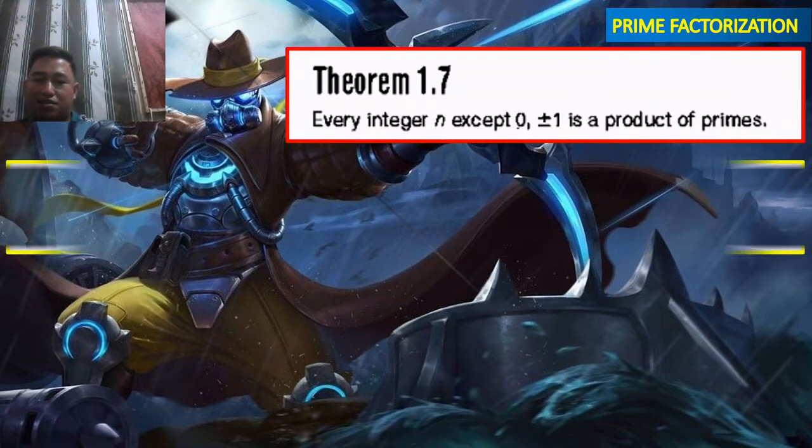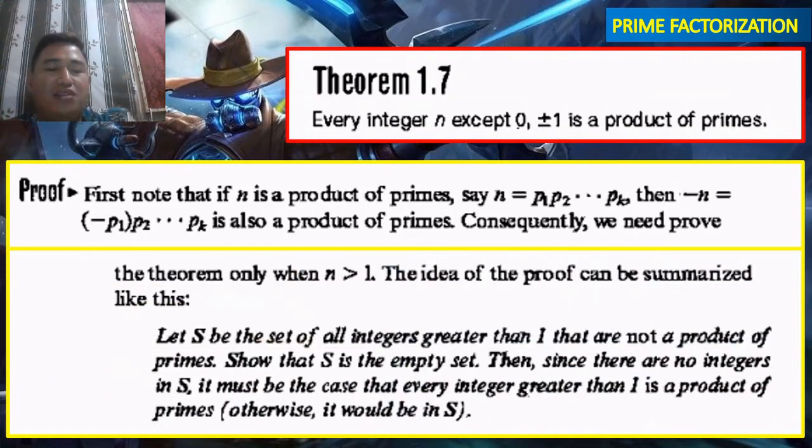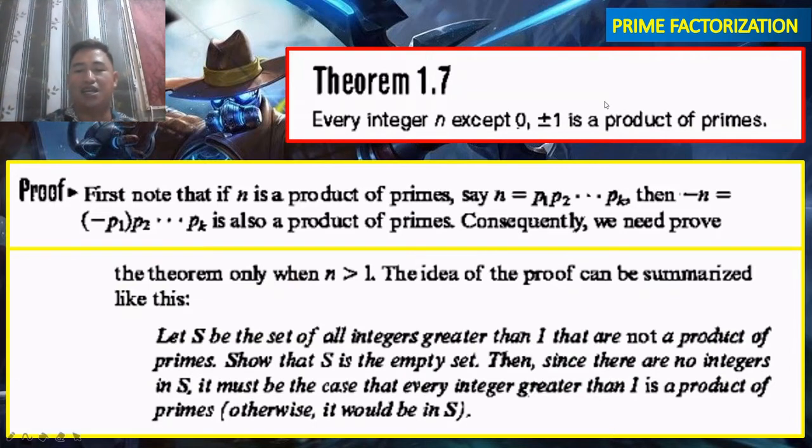So, first note that if n is a product of primes, say n is equal to P1 times P2 times Pk, then negative n is equal to negative P1 times P2 times Pk, is also a product of primes. So, consequently, we prove the theorem only when n is greater than 1. Same naman silang good.